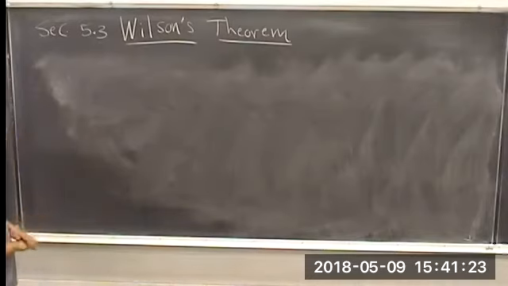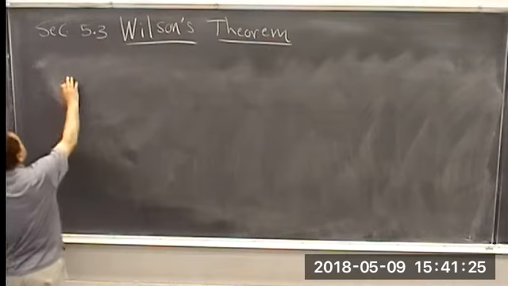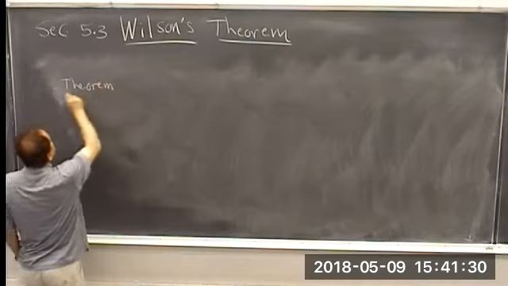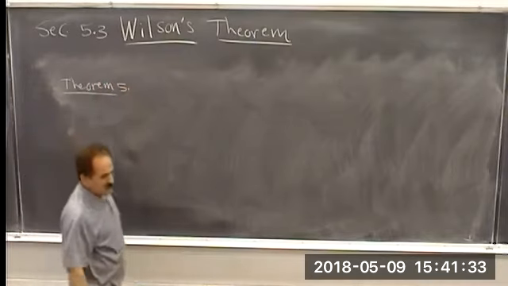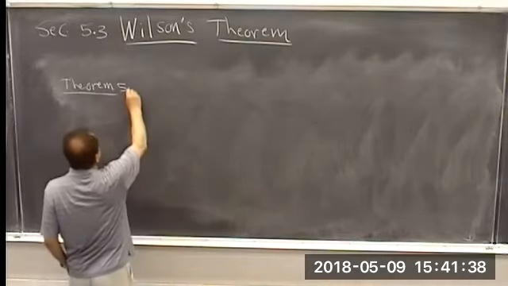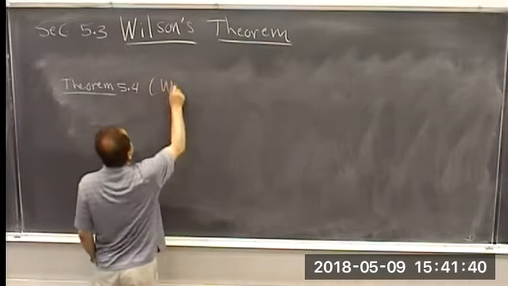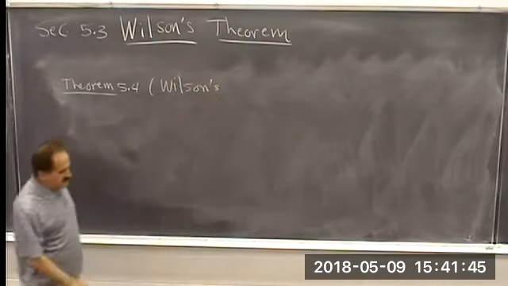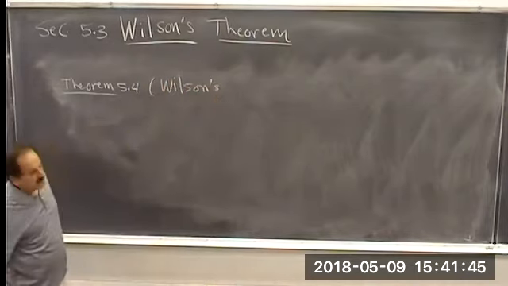It's an if and only if, but I'm going to separate them into two different theorems. This is 5.4, and it's called Wilson's. Actually, this is the part that Wilson stated without a proof, but later on, it turns out the converse of the statement that Wilson made is also true.